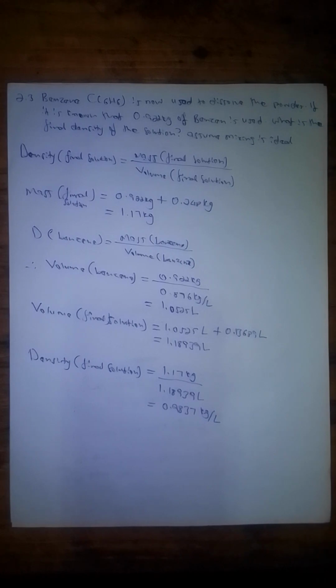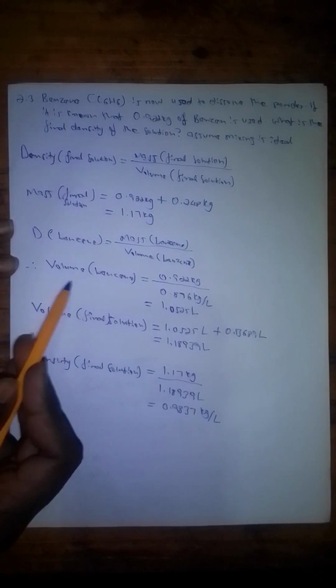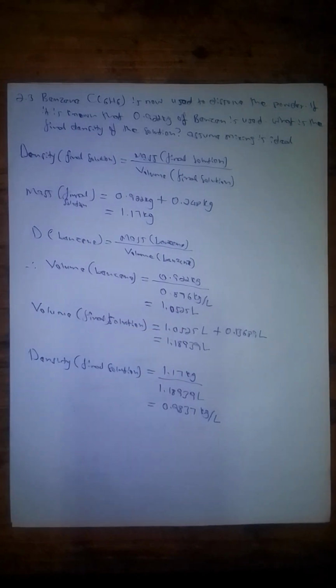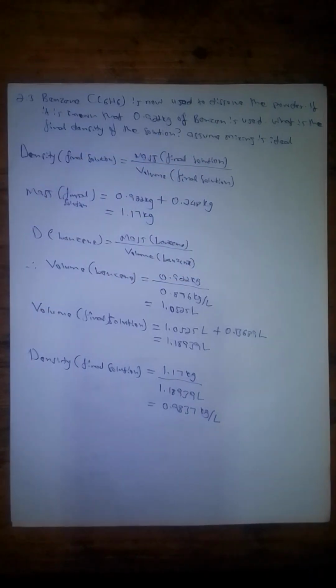However, in this context, it's important to understand that when you calculate the volume of benzene, it's 1.0525 liters, right? That already tells you that the dissolving here is actually happening outside the beaker.